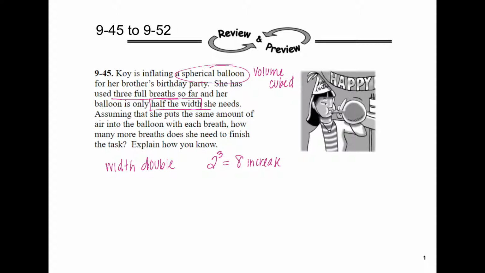So if she has used 3 full breaths, and this is going to increase by a factor of 8, because our zoom factor would be 2 and we cube it because it's volume, it means that the balloon would require 24 breaths to blow it up.